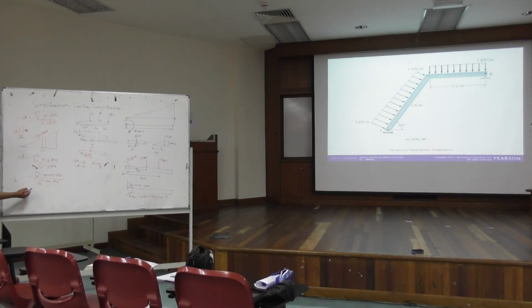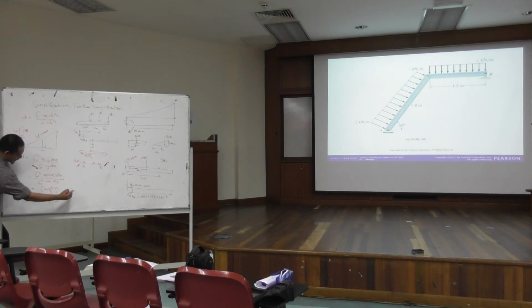So what will happen when we integrate? Because this is mx squared, right? So you get mx cubed over 3 from 0 to L, and then mx squared over 2 from 0 to L, right? So what do you get?